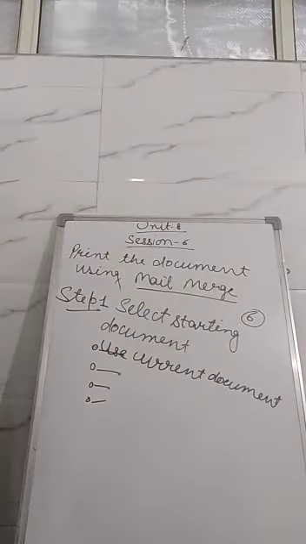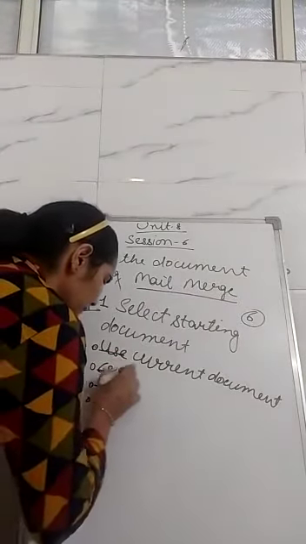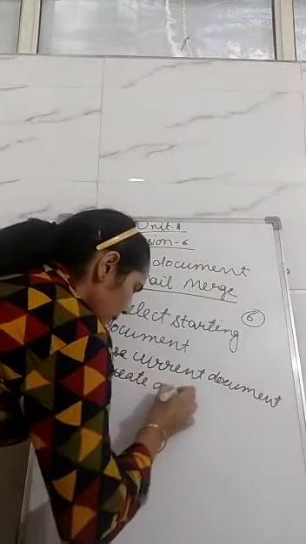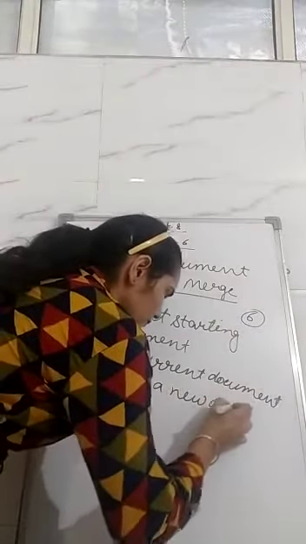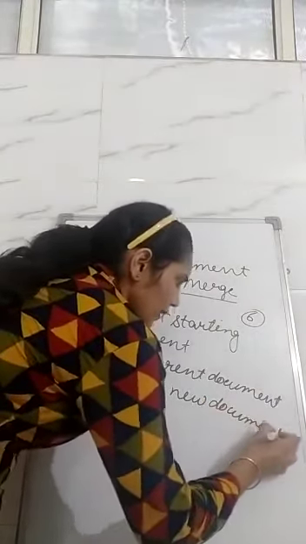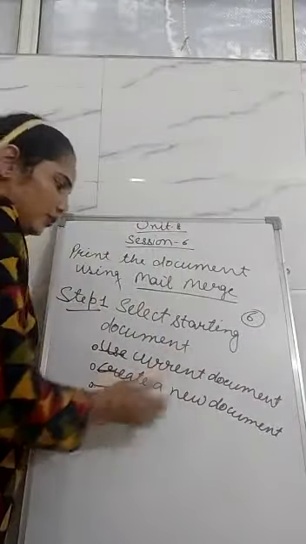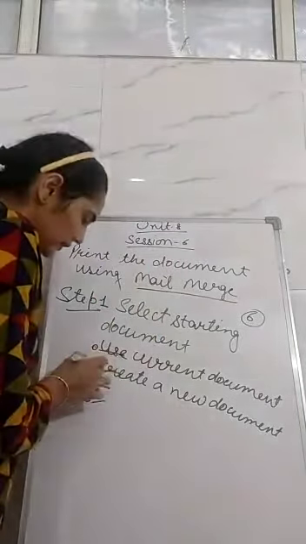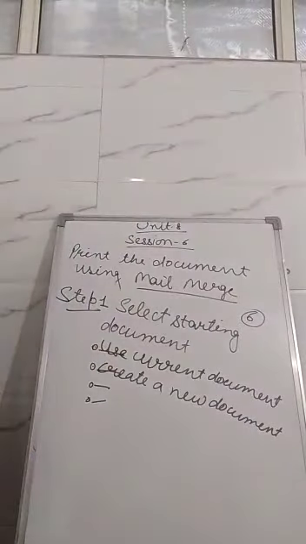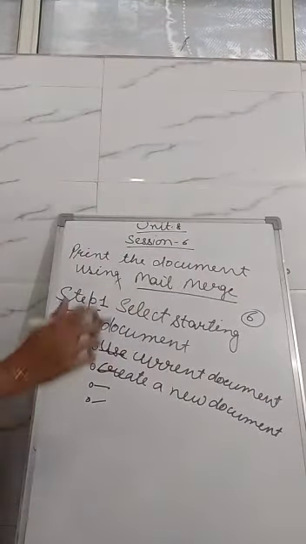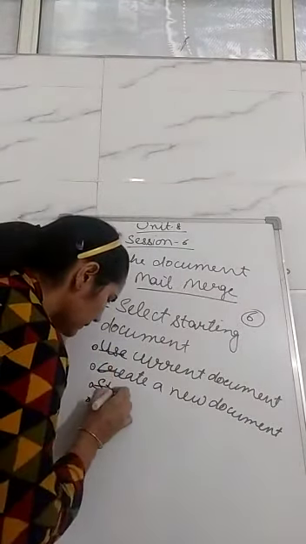And second one is create a new document. If you want to create a new document, then you can click on create a new document. And the third one is start with existing document.